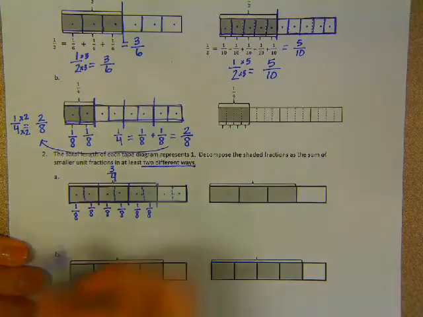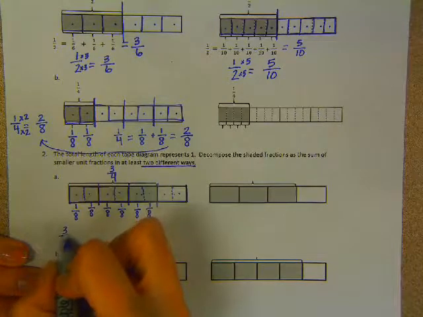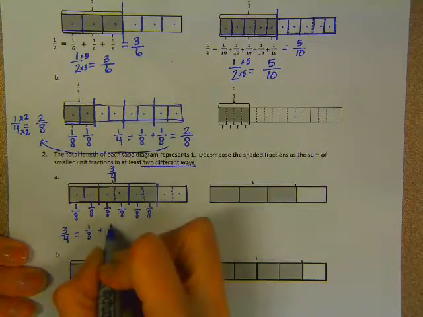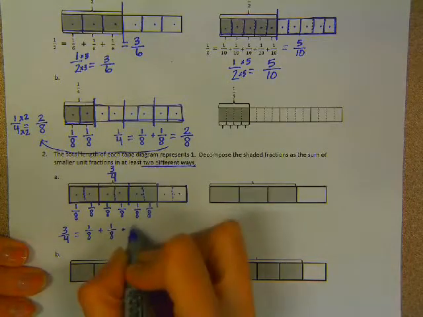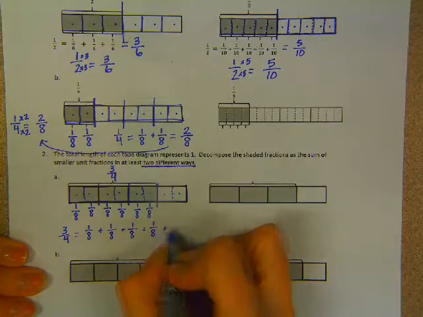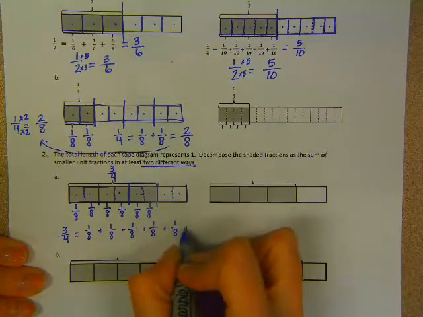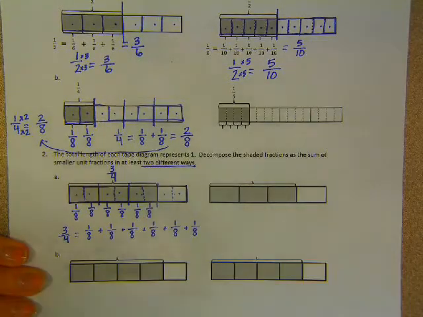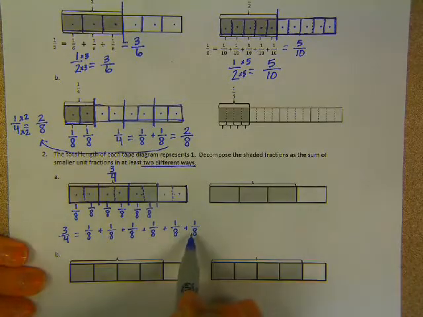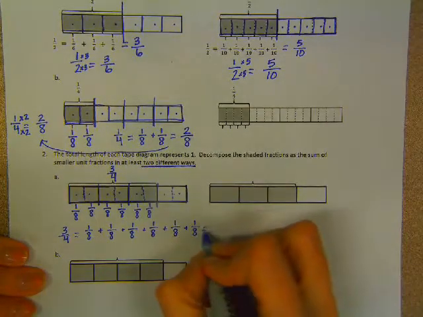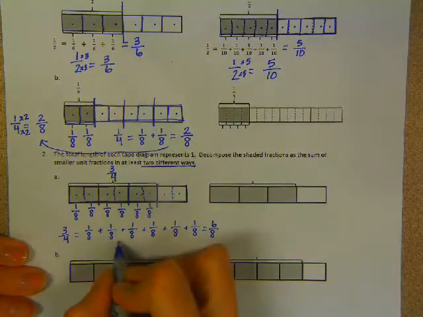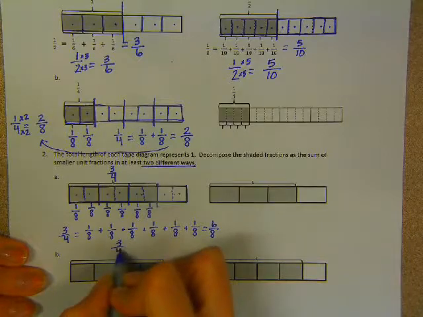So that means 3/4 equals 1/8 plus 1/8 plus 1/8 plus 1/8 plus 1/8 plus 1/8. So I have 1, 2, 3, 4, 5, 6 1/8. So this equals 6/8. So what they are saying is 3/4 equals 6/8.